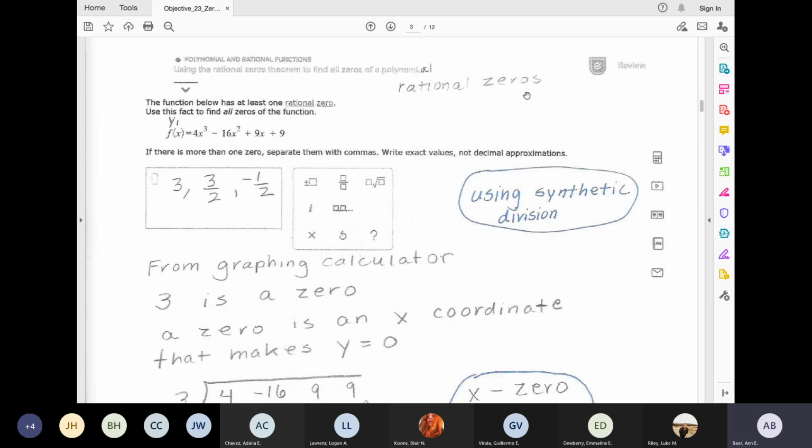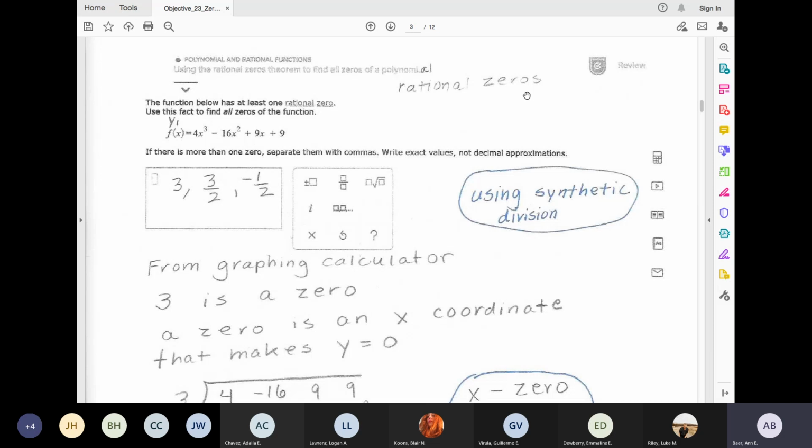Integers are 0 and all the counting numbers and all the negatives of those. So they're nice fractions. Rationals means nice fractions, and zeros, we know what that is. It's an x coordinate that makes y 0.